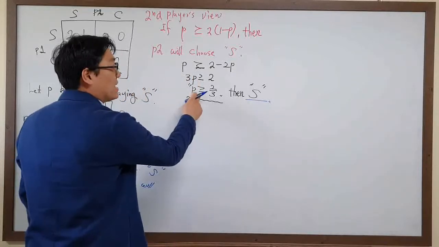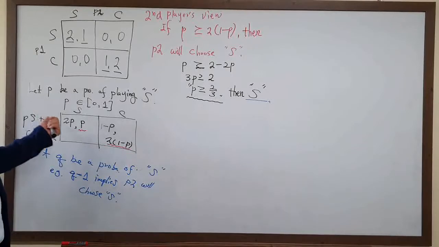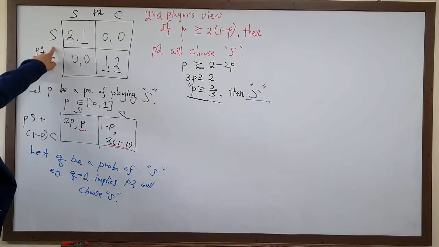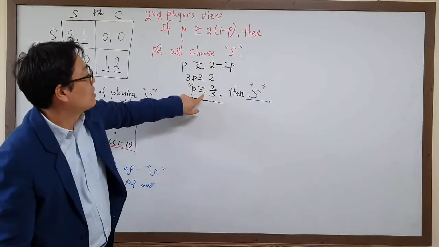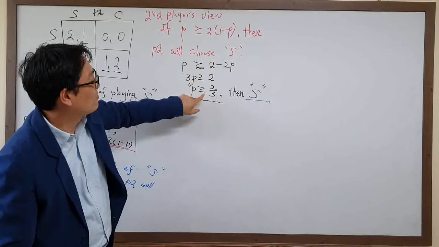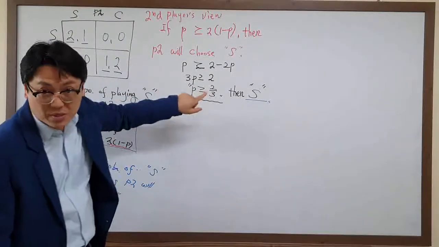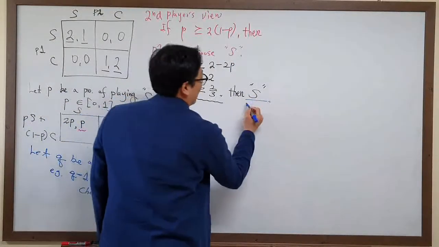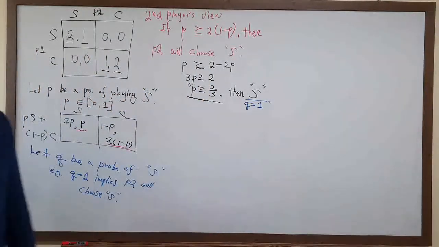If the first player's probability of playing S, P, is greater than 2 over 3, then the second player will choose S. We can write that as Q equals 1.